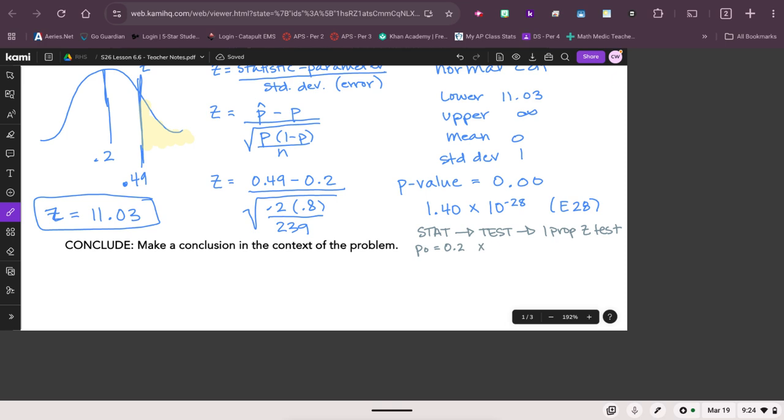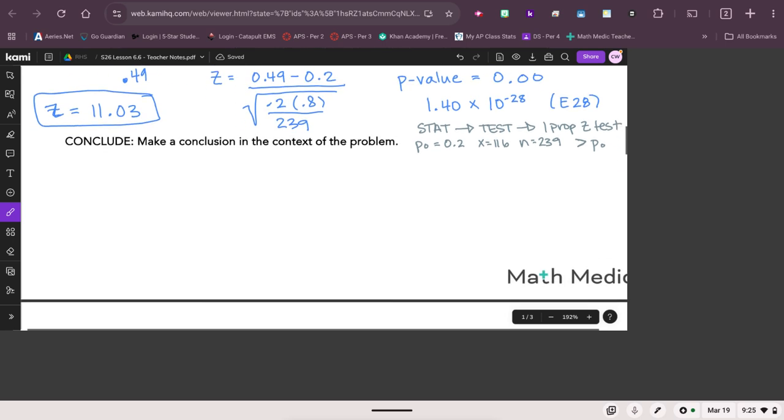And then our X value from our sample was 116. That number is going to be different for you. The sample size, whatever yours is, type it in. And then you're going to have to tell it that we're testing if our sample was more than what they stated for the initial hypothesis. So you're going to have to enter it like that. It should run it through if you want to test out your calculator. Otherwise, you could wait till tomorrow and I could go over it with you in class.